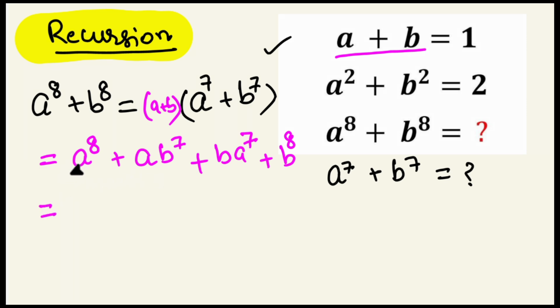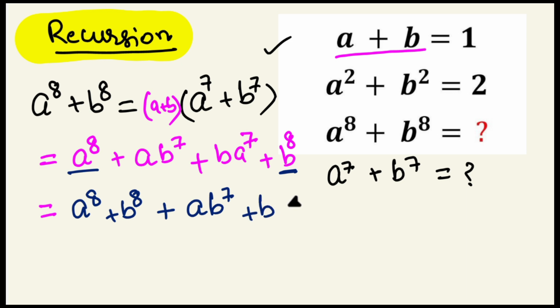So if you look here, we have a to the power 8 plus b to the power 8. Right, this is what we needed to evaluate. But we have some extra terms, which are a b to the power 7 plus b a to the power 7. So we need to subtract this to get this value.